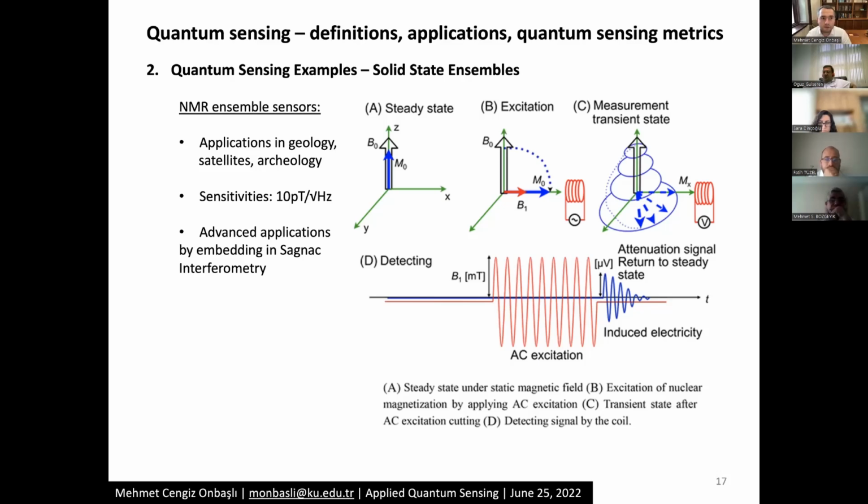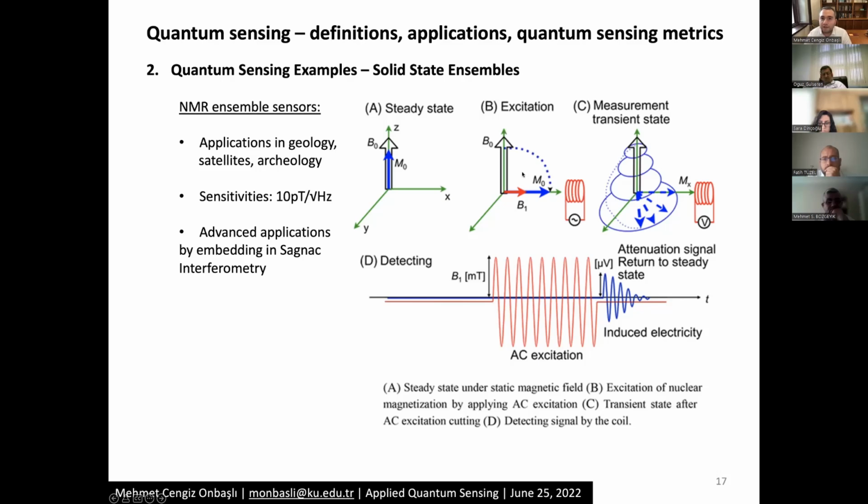This concerted precession can be triggered by our state preparation. So what we do is apply an external magnetic field, and then essentially apply an external bias that we want to read.